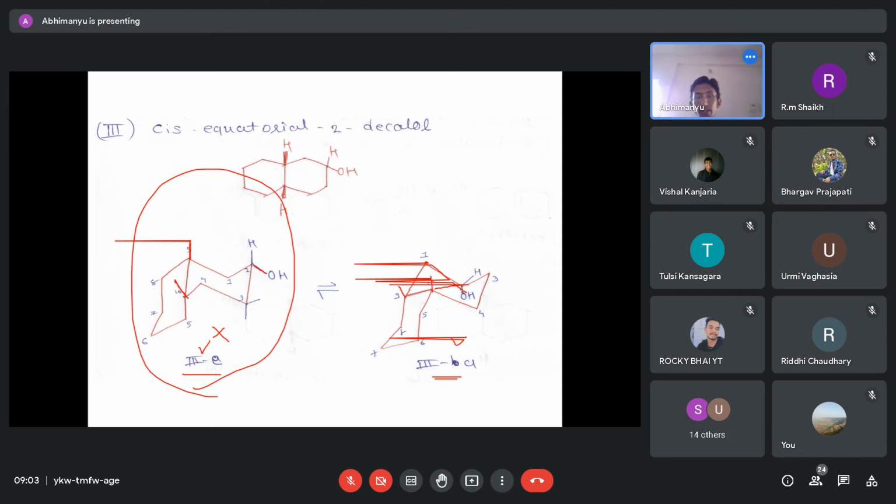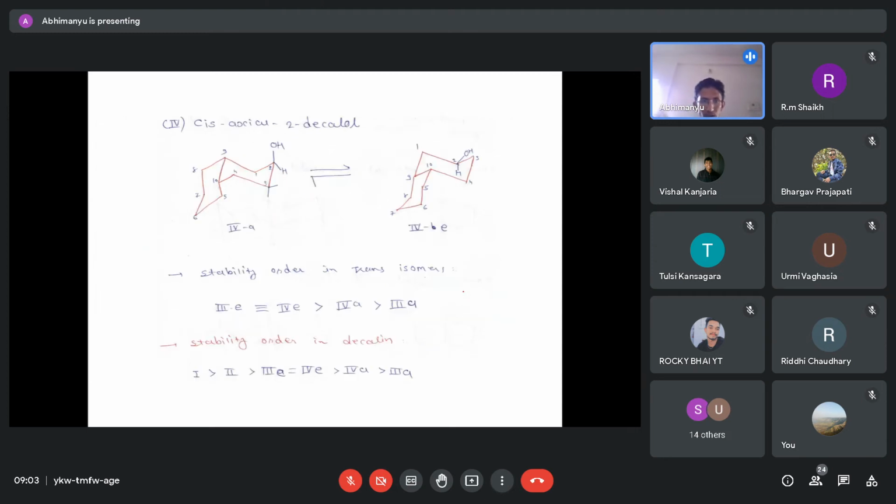and therefore the stability of the three axial is low. Now the last possibility is the cis axial decalol. Again, the first one is axial, same. Next one is equatorial, but any difference? Nothing. The difference came out only and only in the position of OH.